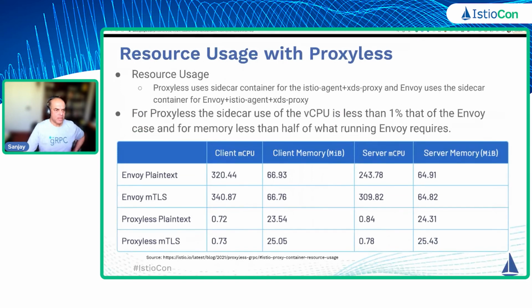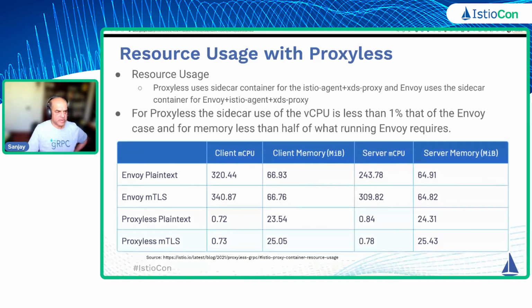Let's look at the resource usage. As mentioned earlier, the Proxyless experiment still requires an agent called the Istio agent. Even though we still require an agent, the agent uses less than 0.1% of a full virtual CPU and only 25 megabytes of memory, which is less than half of what running Envoy requires.